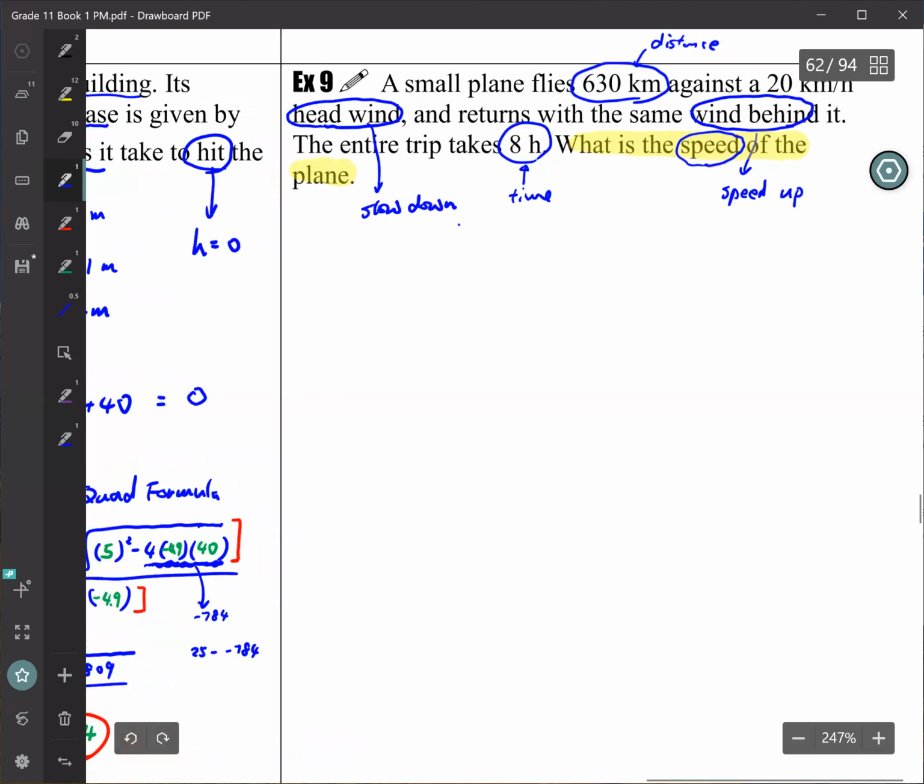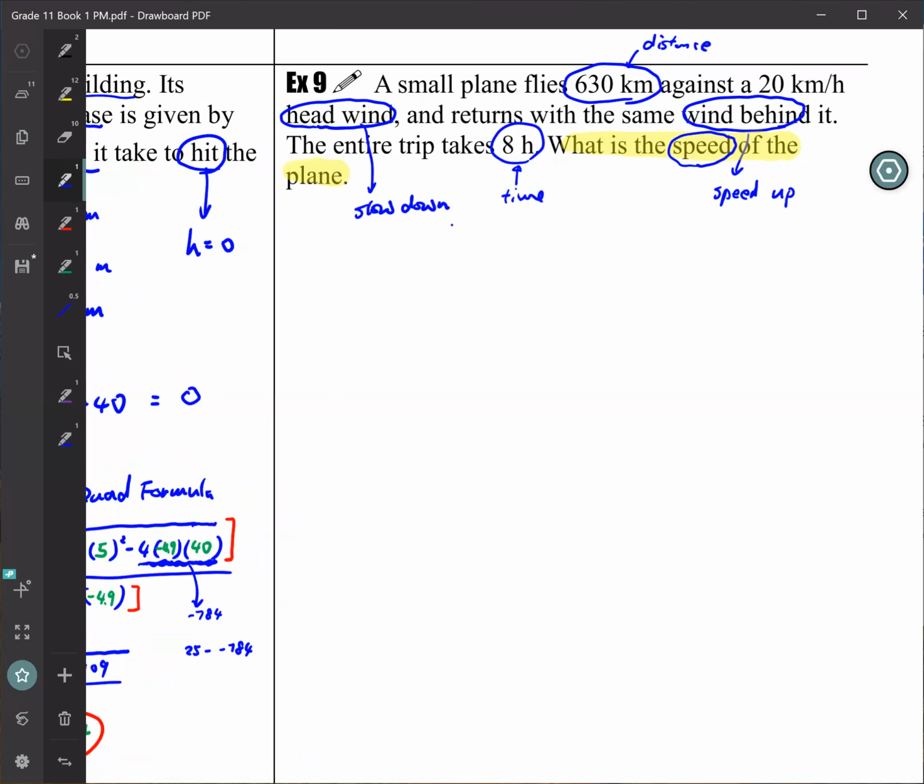Do you remember anything that has speed, time, and distance in a formula? Yeah? Okay, what is it? The distance over speed equals time. Distance over speed equals time. Yeah, okay, that works. Thank you. That's one of them. In fact, there are three different formulas depending on what you want to find.